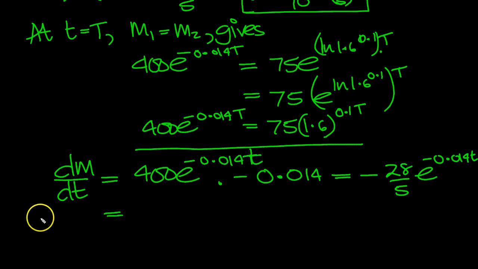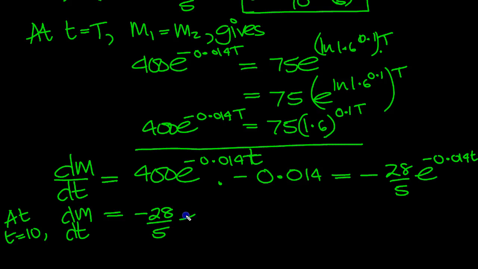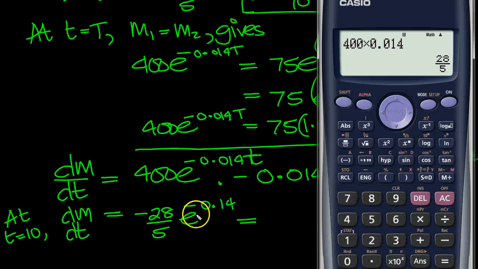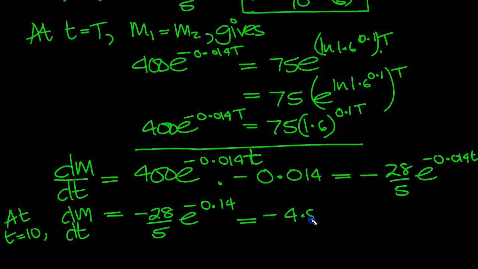So at t equals 10, dm/dt is equal to minus 28 over 5 e to the minus 0.14, times this by 10 is just 0.14. So we've got 28 over 5 times the exponential to the minus 0.14. And don't forget that negative is tagged. Minus 4.868.